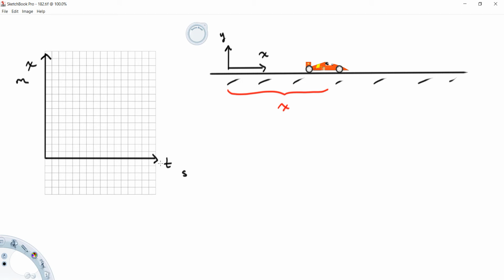And time, usually we would put in seconds. Now, where the zero is doesn't really matter either. I just plopped a zero right here in this little Cartesian grid here. And then the intent of this graph is to be able to describe where the car is at any given time.